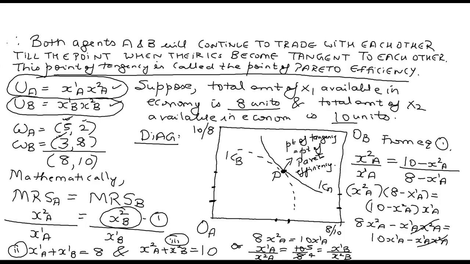That means the allocation will be Pareto efficient if both the agents are consuming goods in the ratio of 5:4. So this is my answer mathematically.